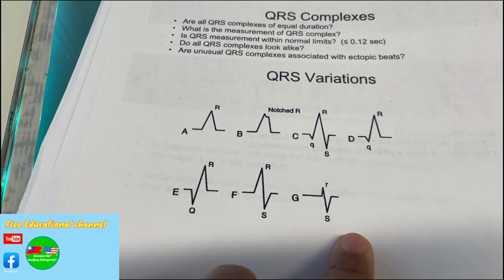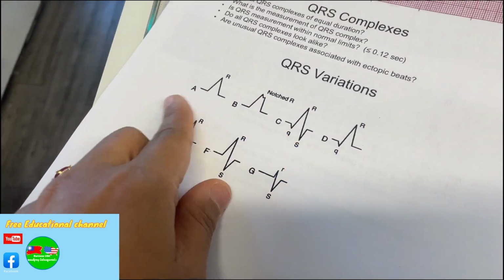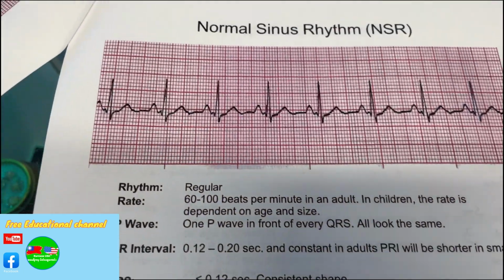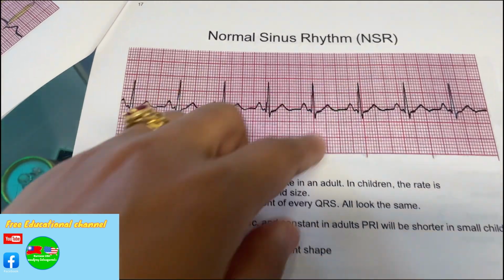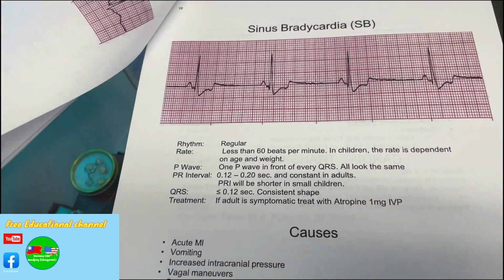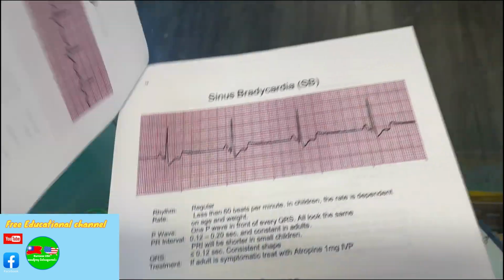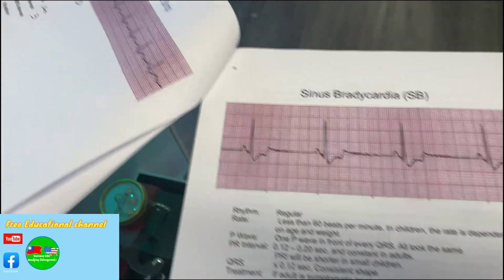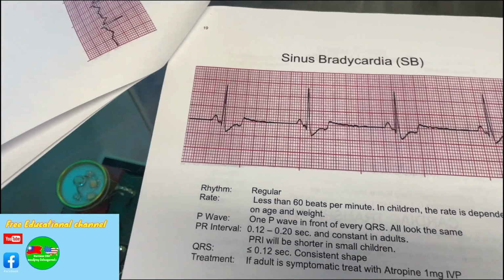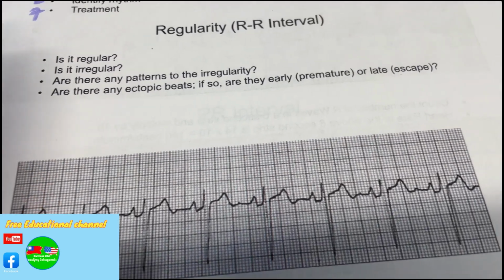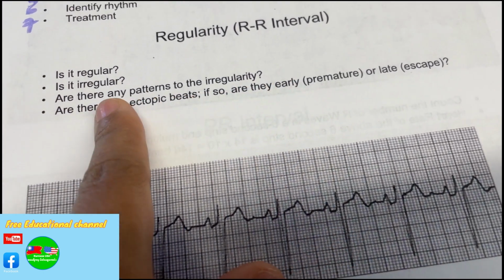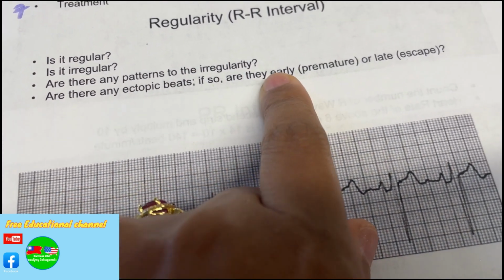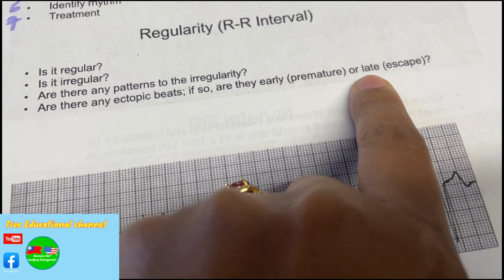Those are the things you could see on the ECG paper, EKG paper, and normal sinus rhythm. I think I should go through this mix of normal and abnormal, and you've got to practice. Okay, I remember now. If an ectopic beat shows up early, that's premature. If it shows up late, that's escape.